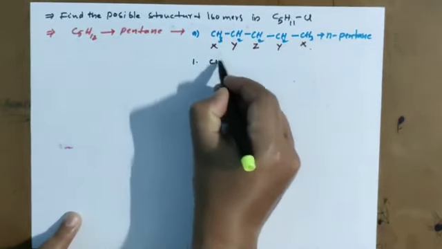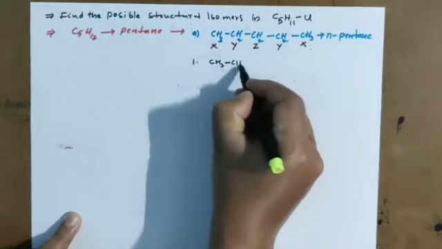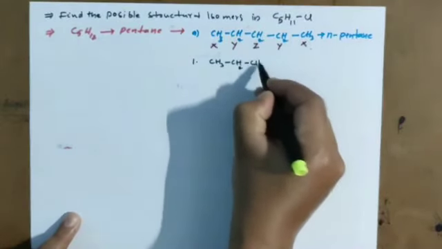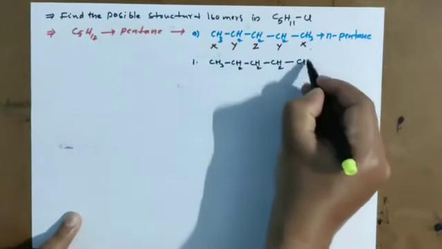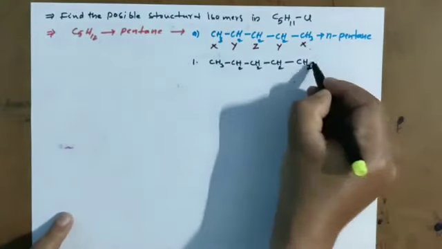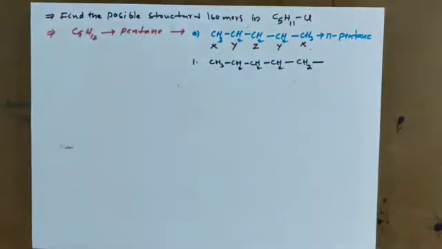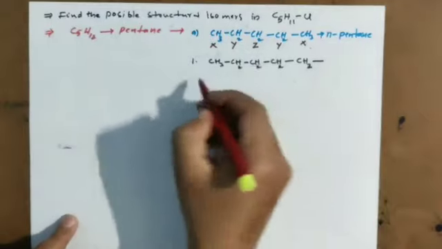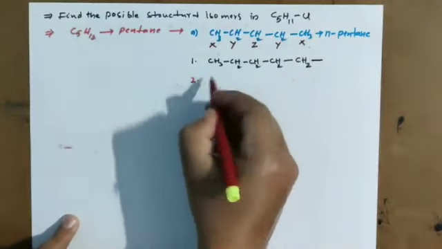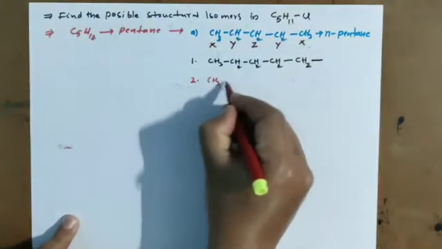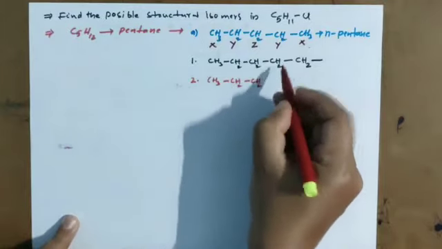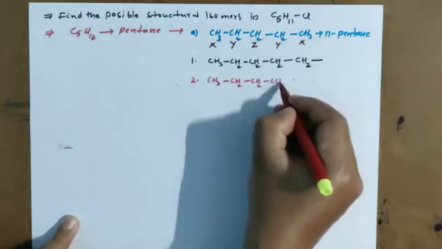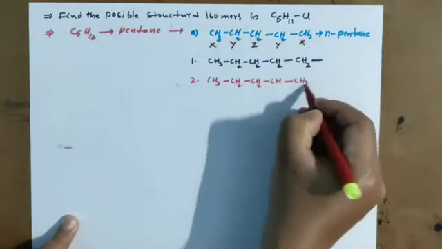First one, CH3, CH2, CH2, CH2. From X I am removing. Now vacancy is there here. 1 isomer you are getting. And from Y I am removing. From Y, CH3 bond, CH2, CH2. From Y I am removing CH, bond CH3.